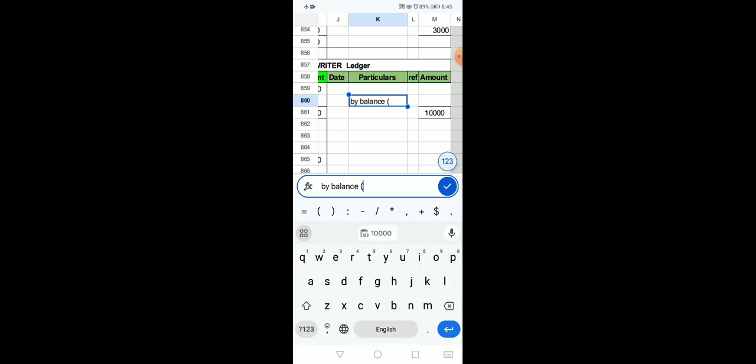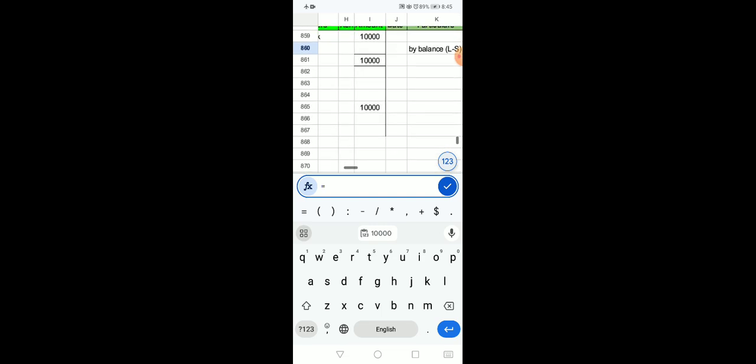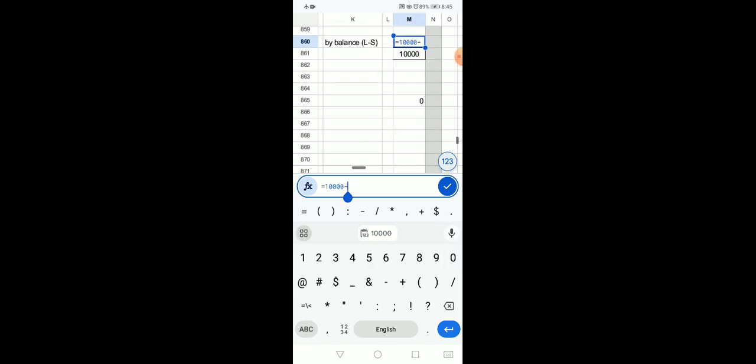It is the initial balance. How would it be calculated? By subtracting the smaller total from the larger total. That means larger minus smaller total. How would you calculate it? The larger sum was 10,000, you can see over here, and you will subtract the smaller sum. And what is the smaller sum? It is 0. Here you have calculated your initial balance.